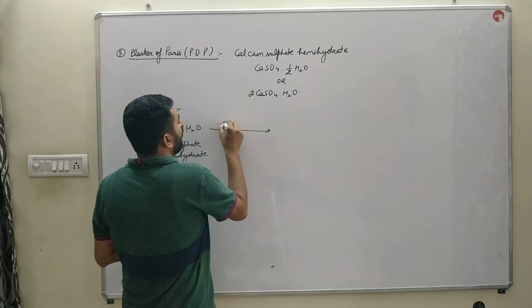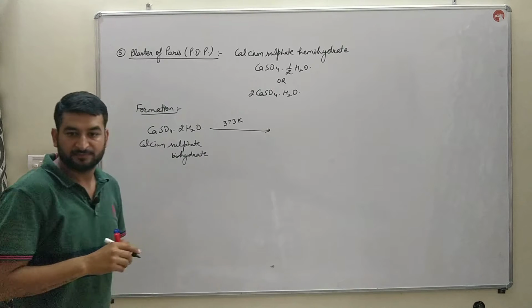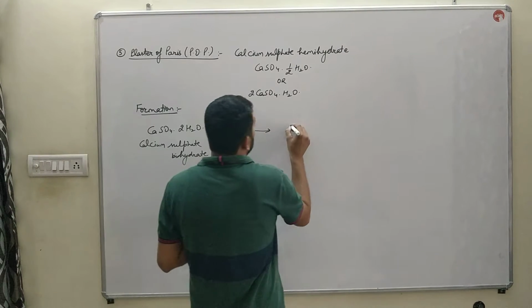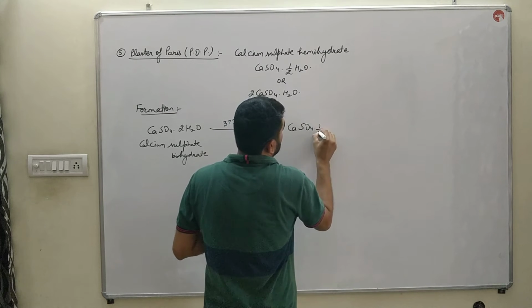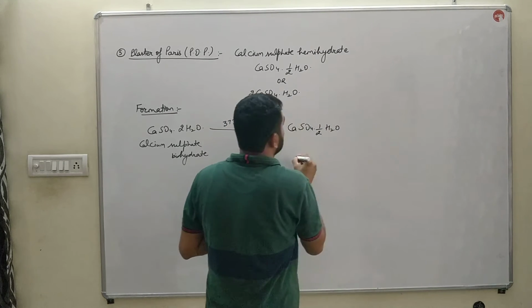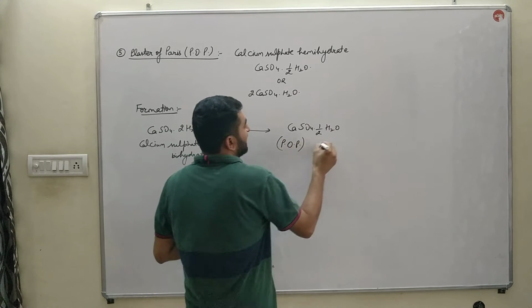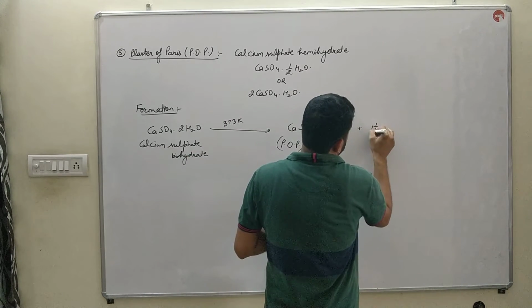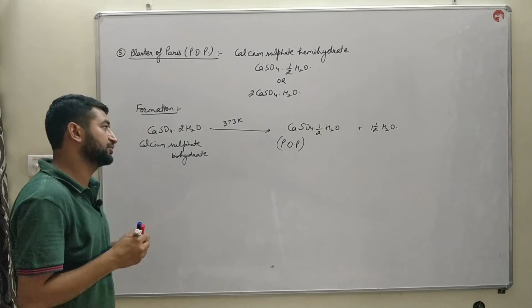When we heat this gypsum in a controlled way, the gypsum will lose 1.5 molecules of water and leave calcium sulfate hemihydrate, that is POP, that is plaster of Paris. That is 1.5 or 3/2 of water molecules.